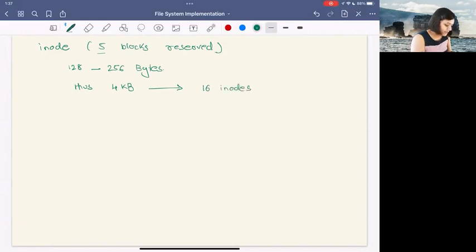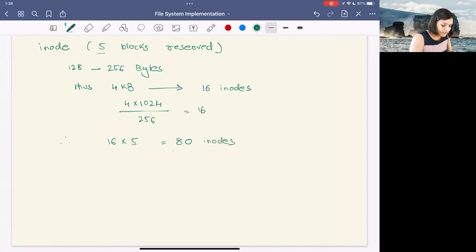A simple calculation: 4 times 1024 divided by 256 equals 16, right? Therefore, if a single 4 kilobyte block can hold 16 inodes, then 5 of those should be able to hold 16 multiplied by 5, which is 80 inodes.